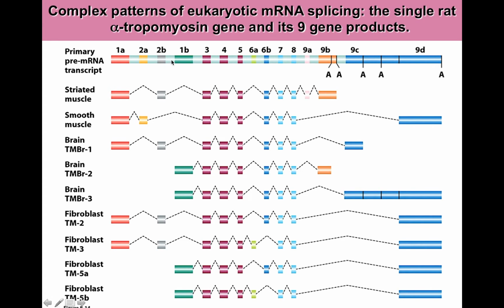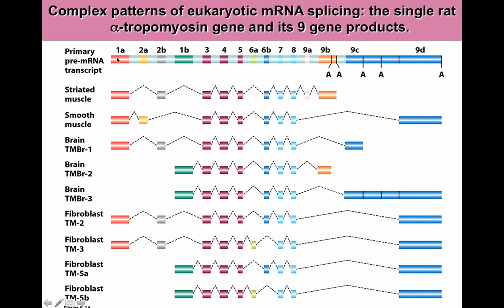So this one gene can produce 1, 2, 3, 4, 5, 6, 7, 8, 9 different proteins by mixing and matching the exons contained within the gene.